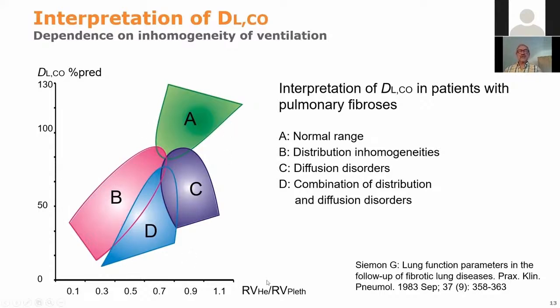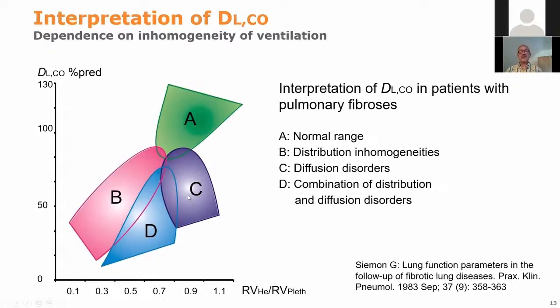Look, if you look at the inhomogeneity of the lung, or if you have an inhomogeneity indicator, here this scale shows the inhomogeneity of the lung. Here in this field, it's normal, and with decreasing value, there is an increasing inhomogeneity of the lung. That means a ventilatory inhomogeneity.